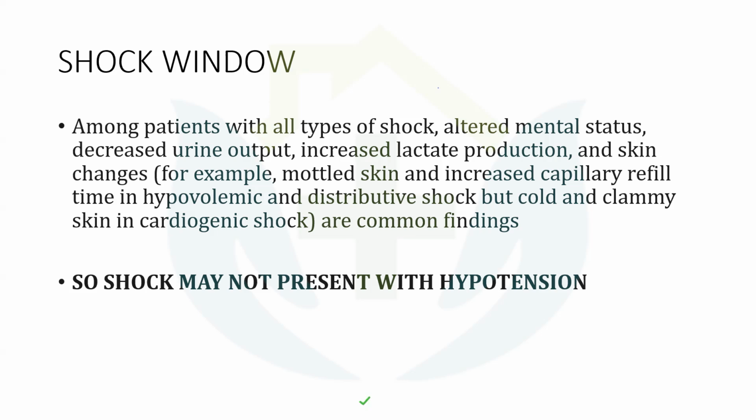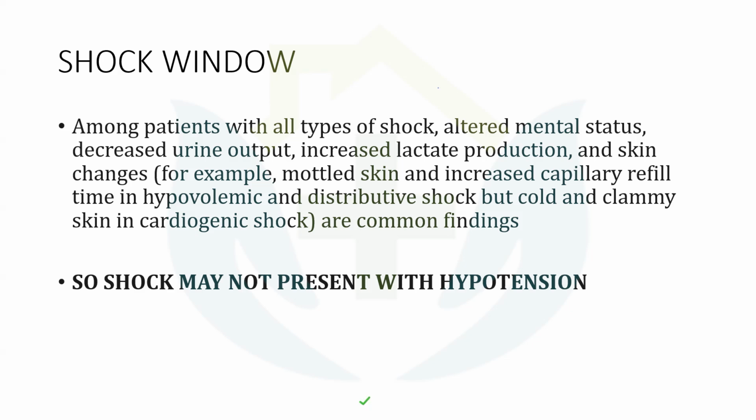So we have to check whether the patient has altered mental status or not. We look at urine output less than 0.5 ml per kg per hour, or skin changes, for example, mottled skin or increased capillary refilling time in hypovolemic and distributive shock, and cold clammy periphery in cardiogenic shock. So we have to look at these 3 parts. Prior to developing hypotension, these 3 findings can say whether the patient is going to develop shock or not.